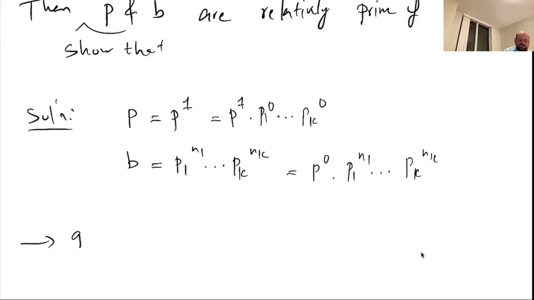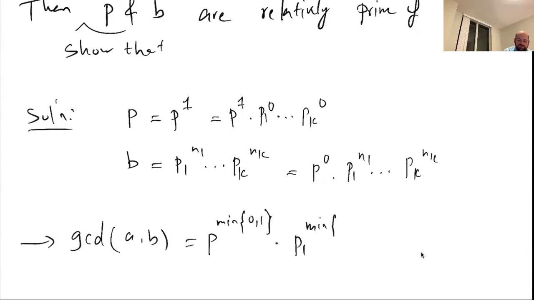So that means the GCD of A and B is equal to P to power minimum of 0 and 1, P1 to power minimum of 0 and N1, Pk to power minimum of 0 and Nk.